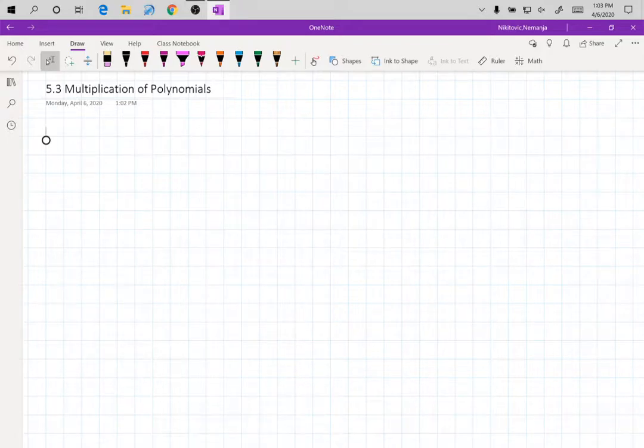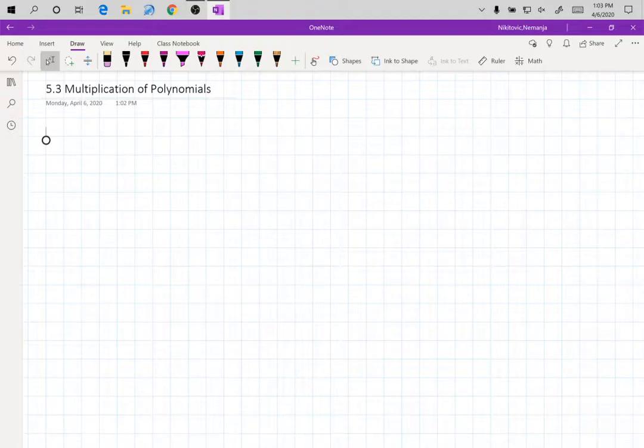That's 5.1. We know how to add them and subtract them, and now we are going to learn how to multiply in sections 5.3 and also 5.4, the special products. That's later.